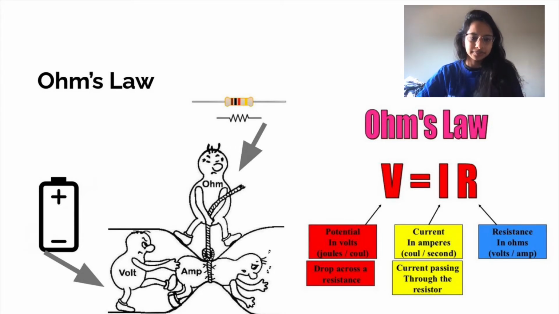So the voltage is pushing the current to go through the circuit, through the resistors, and the resistors are the things that allow for the control of the electricity, and eventually for us to be able to, for instance, light up a light bulb. So, yeah.